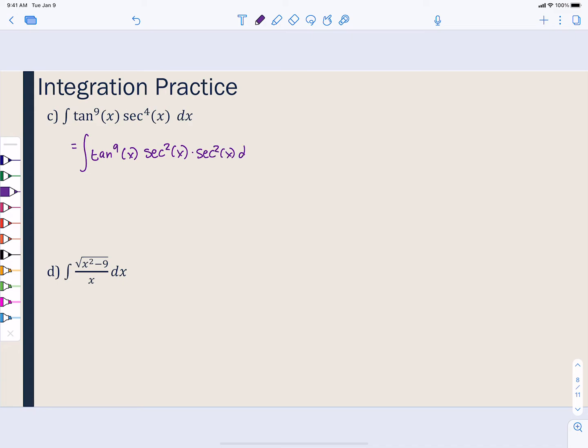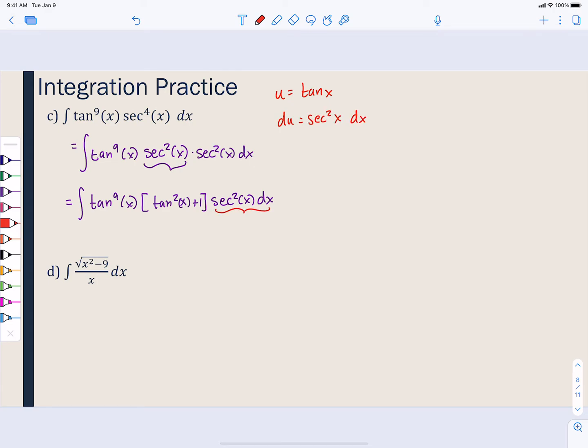And we can easily pull off a secant squared, and then we could trade the remaining secant squared that we have to be tangent squared of x plus 1. So we've got everything in terms of tangent except for that secant squared, and that's what we want because then we can have u being tangent of x, and then du is secant squared of x dx.